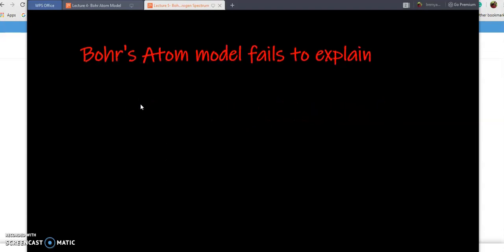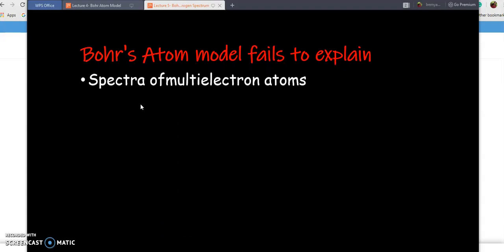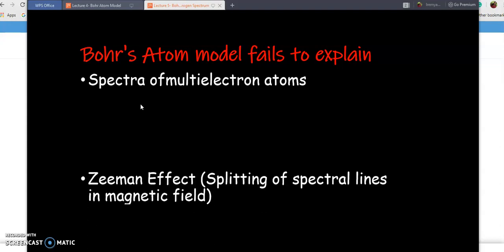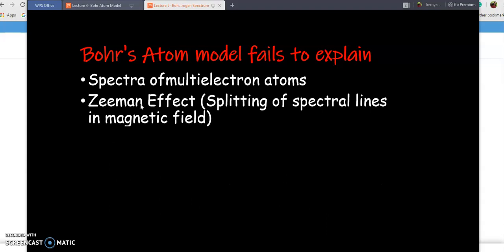The main shortcomings of Bohr theory are: Bohr theory fails to explain the spectra of multi-electron atoms. Bohr atomic model fails to account for the effect of magnetic field on the spectra of atoms or ions.